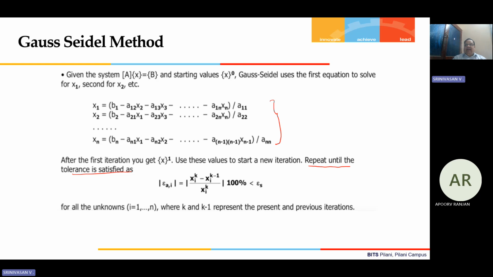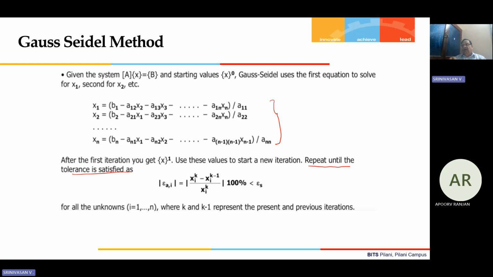Modulus of xi, that is the values of x1, x2, x3 superfix k, after the kth iteration, minus, for example, x1 superfix 3 minus x1 superfix 2, that is the values of the unknowns after the kth iteration minus their values during the previous iteration, divided by the kth iteration value again, modulus.